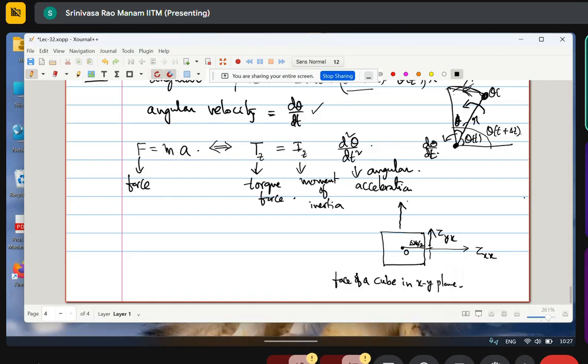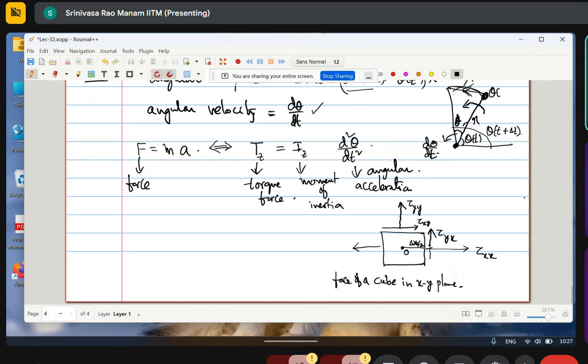This is your tau yy, along the y direction, and then the x component is along the x direction, so you will have tau xy, the x component along the y direction. Okay. And then what happens here? This is the face on this side, right?